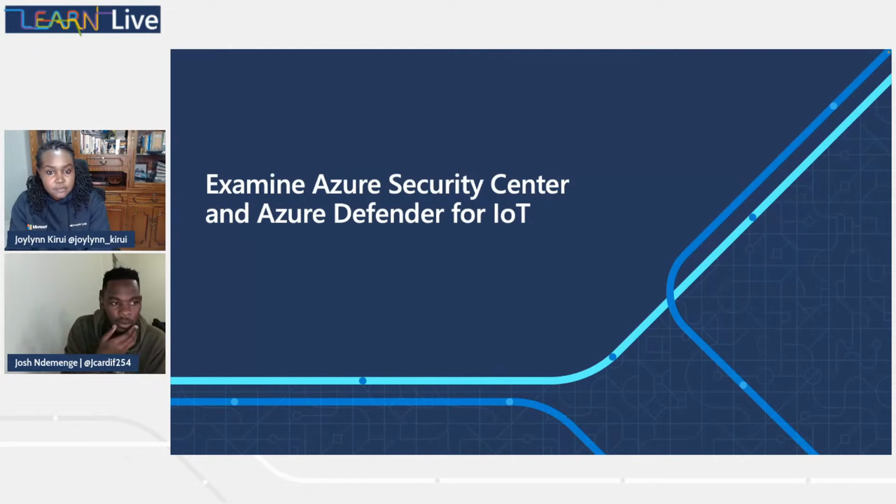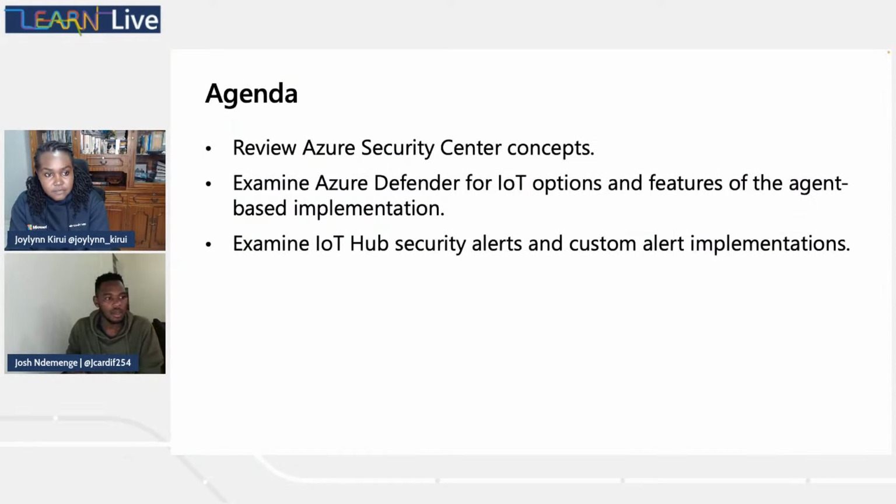Now, moving forward, I want us to look at Azure Defender for IoT, and here we'll review the Azure Security Center, also Azure Defender for IoT options and features of the agent-based implementation. And finally, we'll examine the hub security alerts and custom implementations.